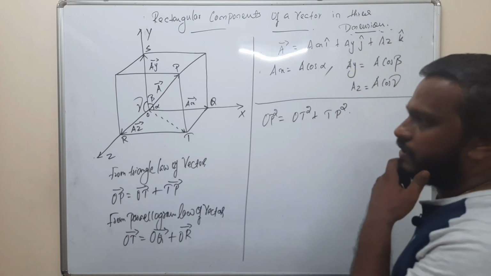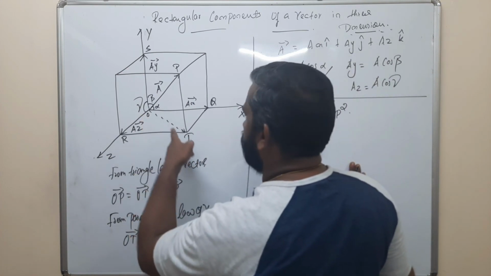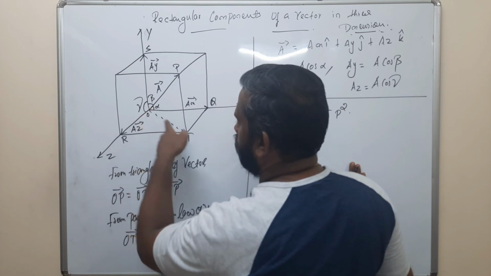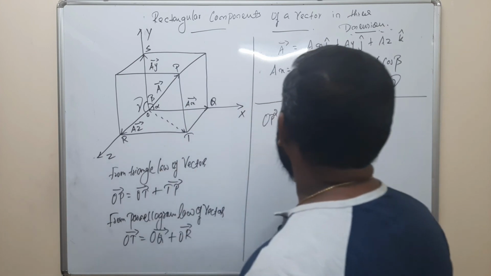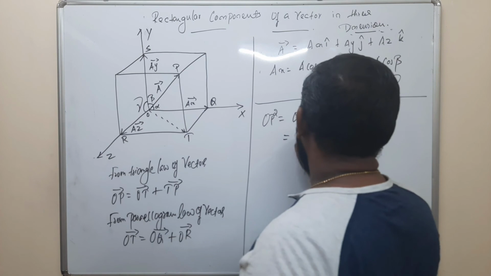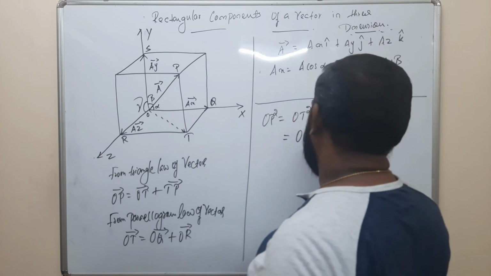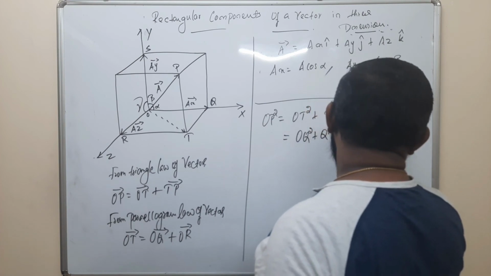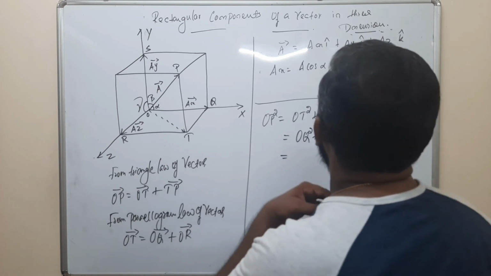Again, OT square, this is also a right angle triangle, so OT square is equal to OQ square plus QT square. Okay, so what is OQ square?